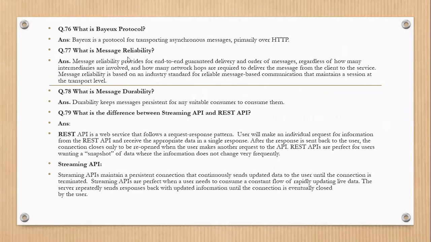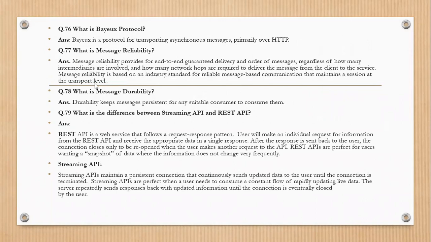Next question: what is message reliability? Message reliability provides end-to-end guaranteed delivery and ordering of messages, regardless of how many intermediaries or network hops are required to deliver the message from the client to the service.